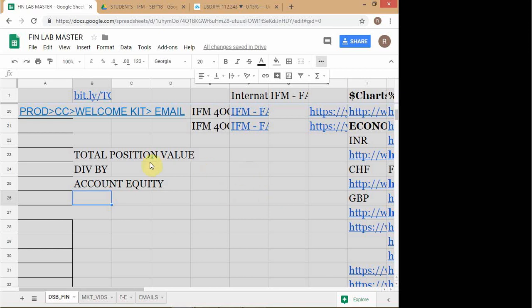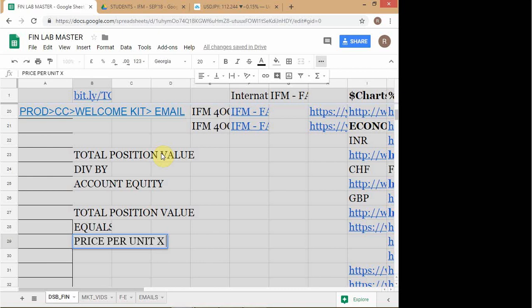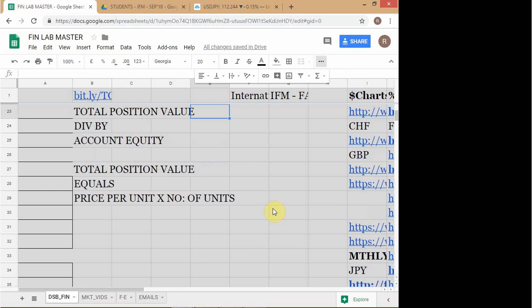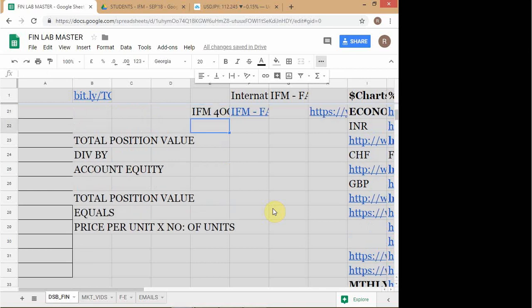Total position value is nothing but... okay, so this is leverage.